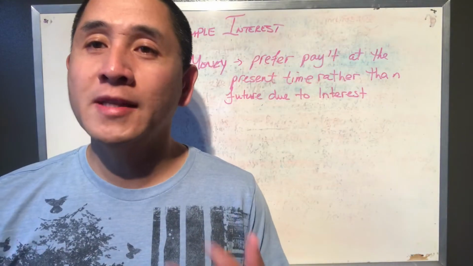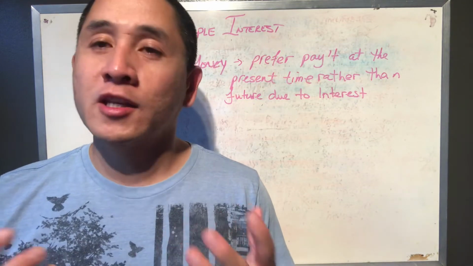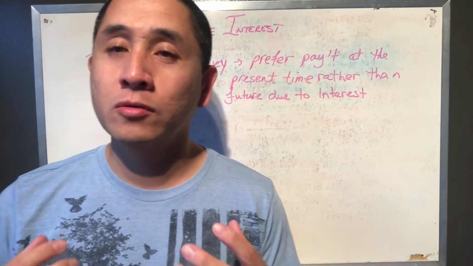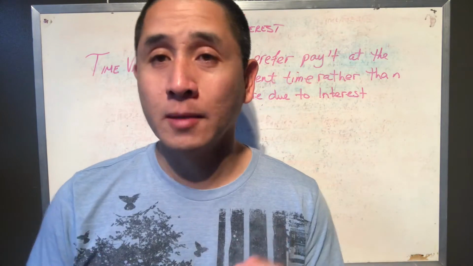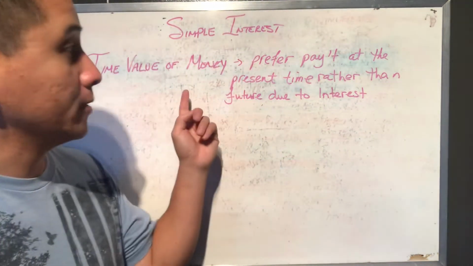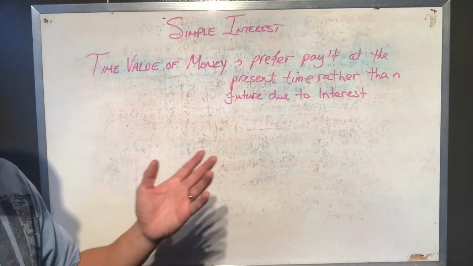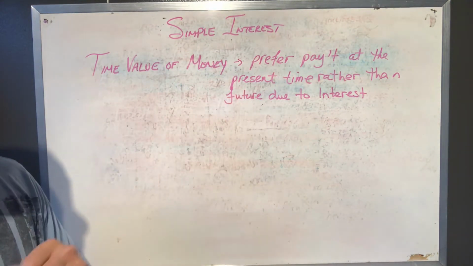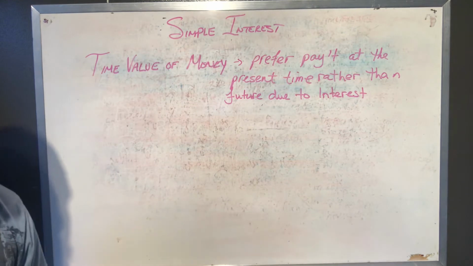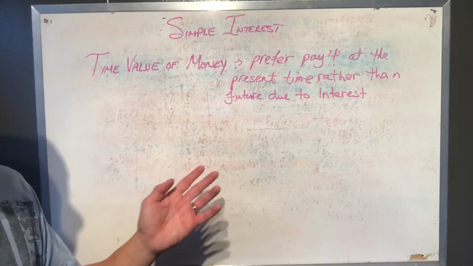Simple interest, what is that? Well, in order to explore that a little further, we need to define a particular concept, something called time value of money. So what we mean by time value of money is that people tend to prefer payment at the present time rather than the future time because of the interest factor.